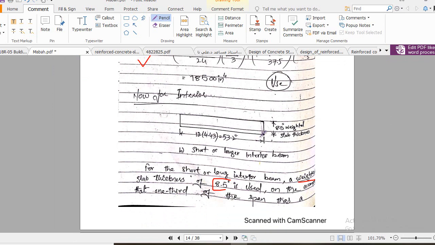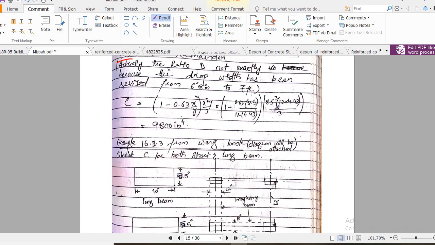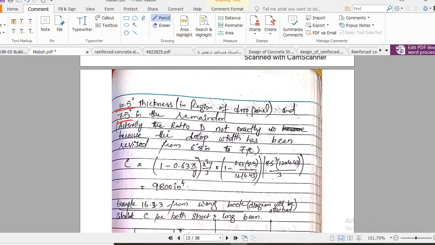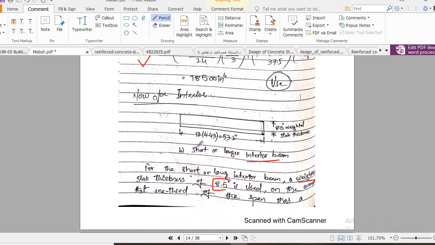Clear? And the rest of the section you will see here, this is the slab thickness. Clear? Shorter, longer interior beam. Clear? And the C is calculated here. Clear? This is the formula. I think the calculation is simple, but you have to just know the way.